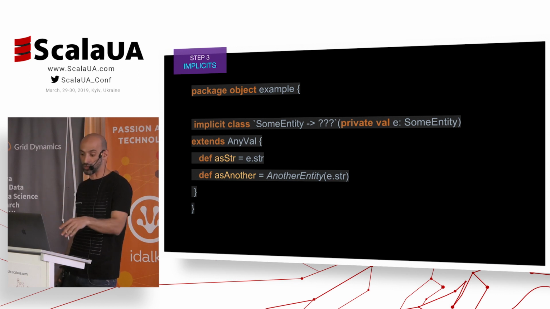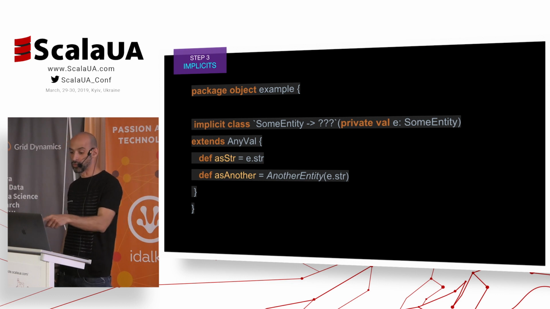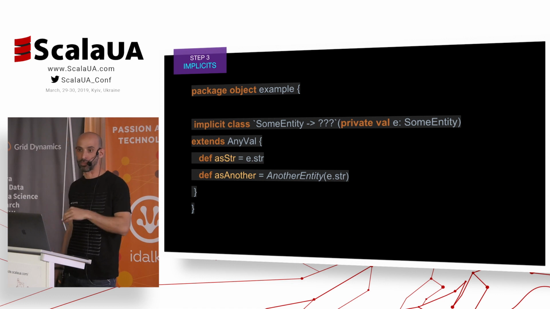By the way, does anybody know why it's extending AnyVal? Oh, not a lot. So anyway, if you write an implicit class and it extends AnyVal, it would actually compile even faster. So it's really efficient when it comes to performance.